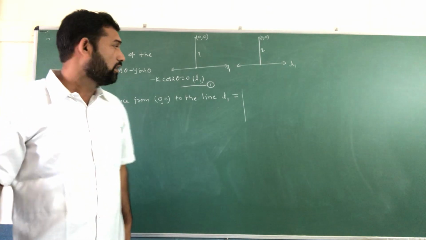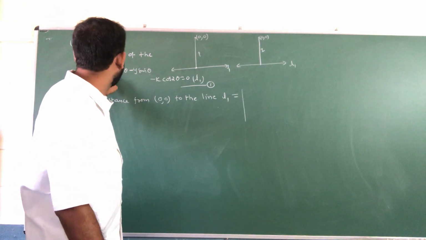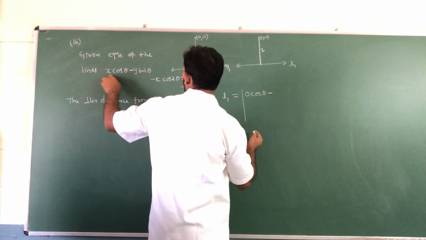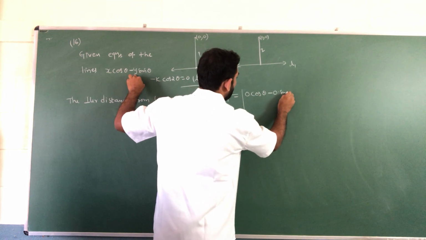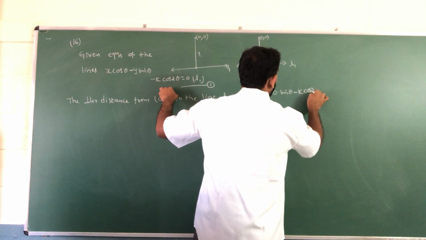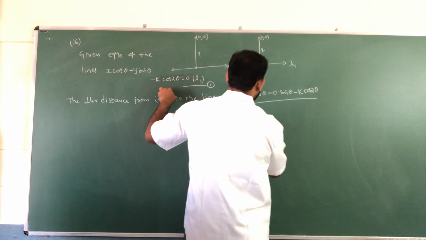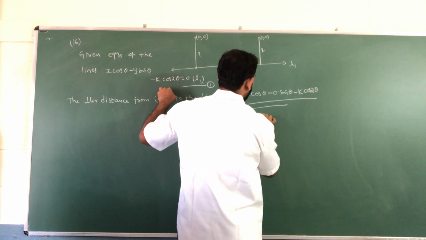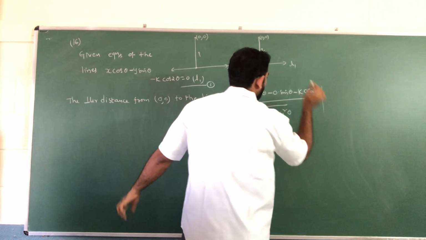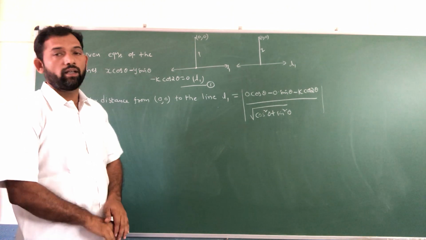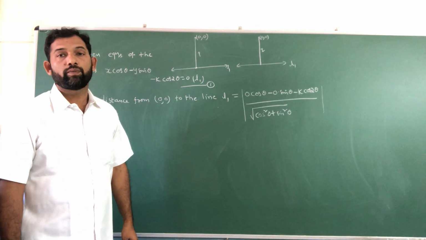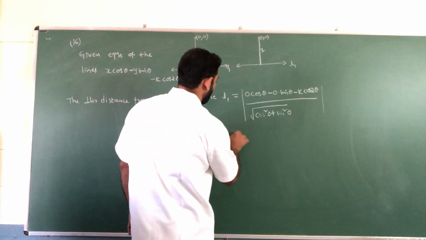You apply that formula. Here you substitute 0 into cos theta minus 0 into sin theta minus k into cos 2 theta, whole divided by root over cos square theta plus sin square theta. Now simplify.